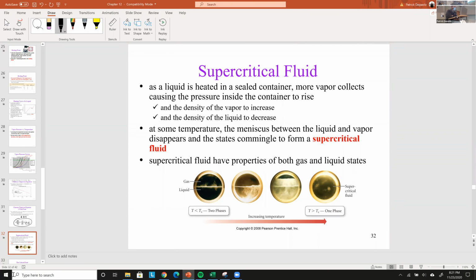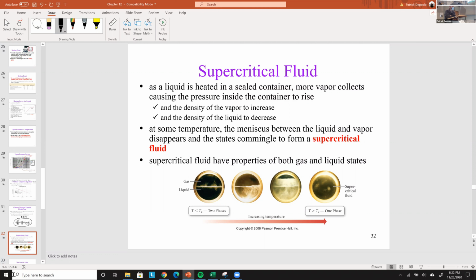So it's weird. I don't think in a lab setting I've actually done supercritical fluids, because there are not many liquids that can maintain this for a long time. Usually it just goes from one to the other, but it's possible.